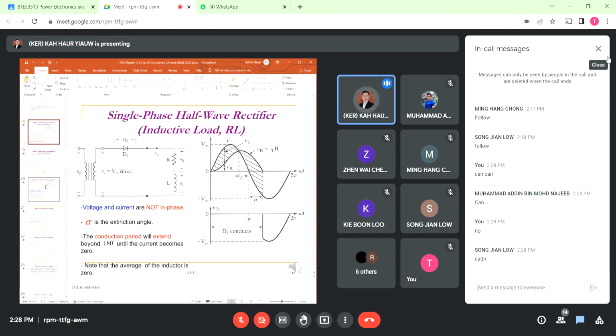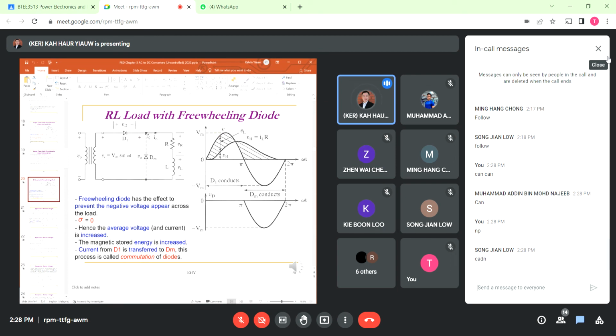But what happens if we place a diode across the RL load here? During the positive half cycle, the current flows in this direction. This diode becomes reverse bias, so there will be no current flowing through here. All the current flows in this way.